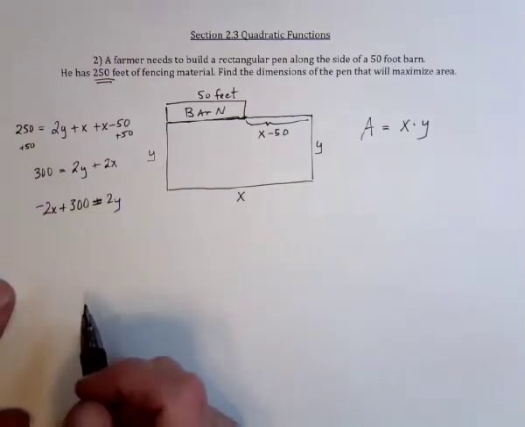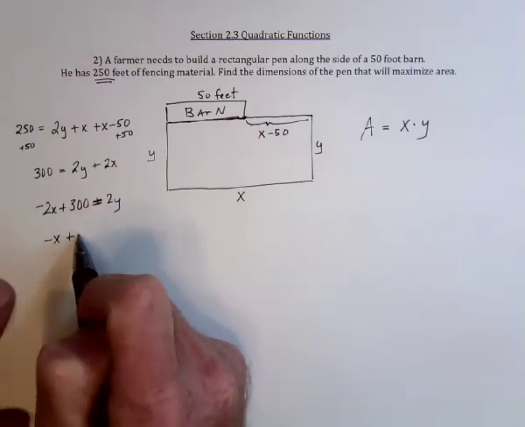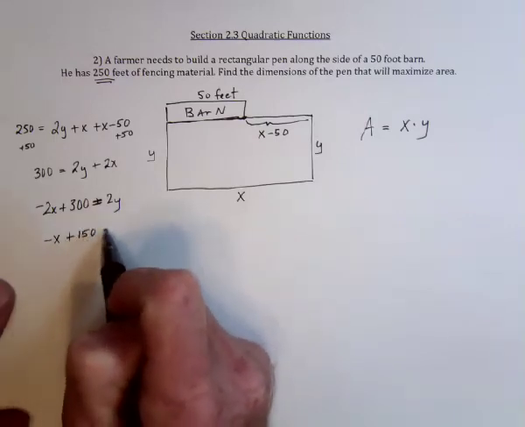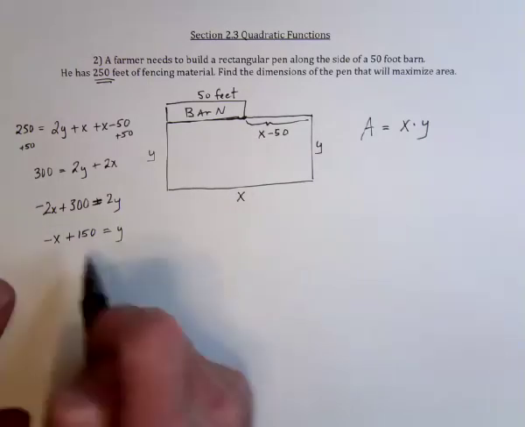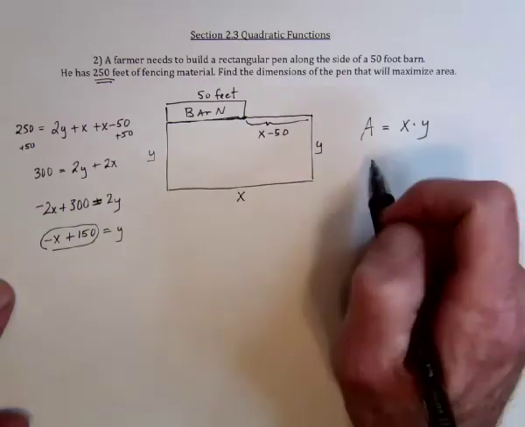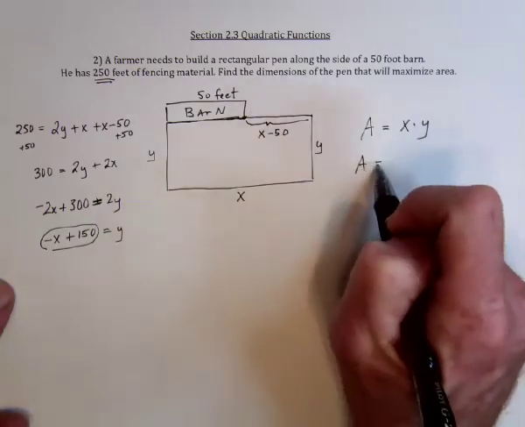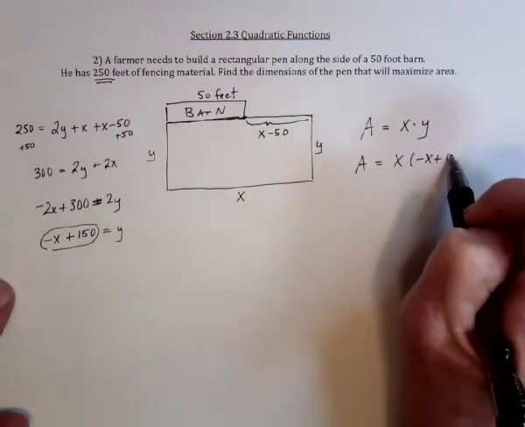And finally, divide everything by 2. So this will become just negative x plus 150 equals y. Now we have the expression we need to replace y. So over here, area is equal to x times negative x plus 150.